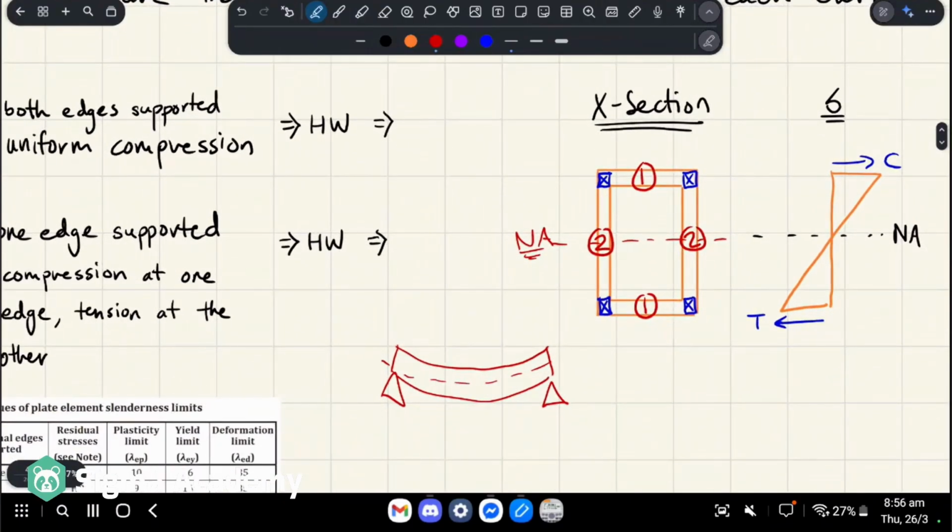So element 1, which I'll highlight in blue, is going to experience what we call uniform compression. The whole thing is going to be experiencing compression all at once, due to our flexural stress distribution.